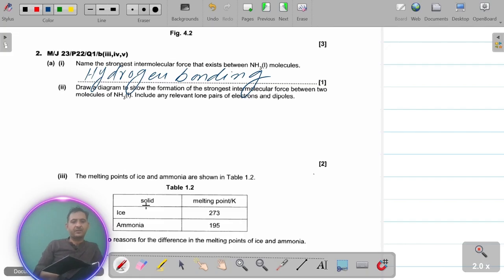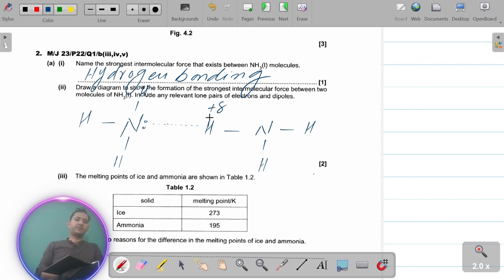So now we have this one, nitrogen lone pair, hydrogen, hydrogen and hydrogen, and we have this other hydrogen, nitrogen. So what is a hydrogen bond? It is when an electropositive hydrogen is attracted towards the lone pair of another highly electronegative atom.